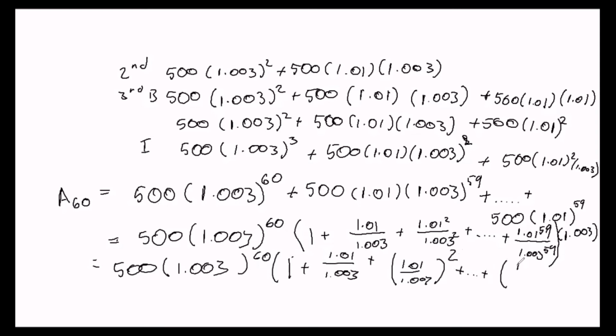I'm just bringing that common power out to the top, to the power of 59, right? Mm-hmm. So what's this? It's geometric. Yep. And what's my A? 1. Yep. And what's my R? 1.01 over 1.003.